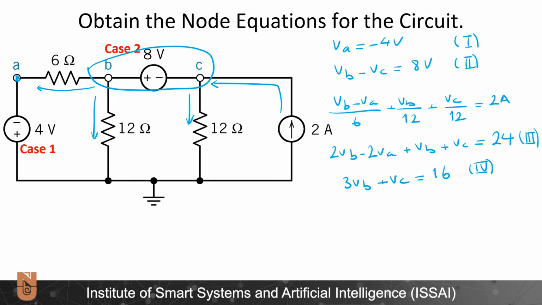Now, if I write the second equation here, I end up with VB minus VC is equal to 8. And if I add these two equations, I end up with 4VB is equal to 24. And from here, I calculate VB as 6 volts.